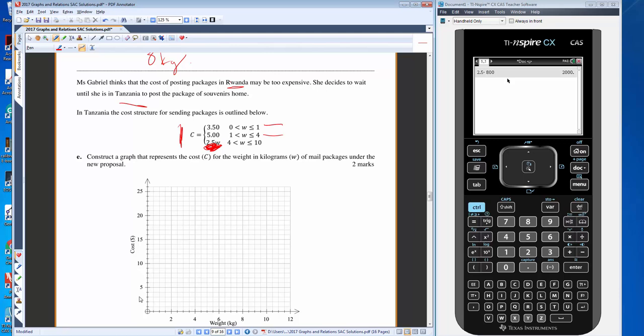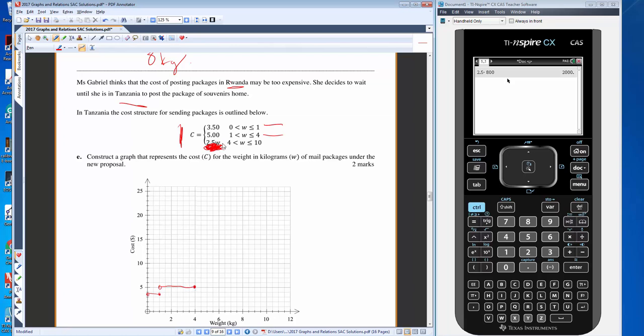It was 350, so here's $1, $2, $3, 350 is here, between 0 and 1, so we're going to open circle, close circle, line, and $5 between 1 and 4, open, close, and line. And it's this one here that many of you had trouble with.